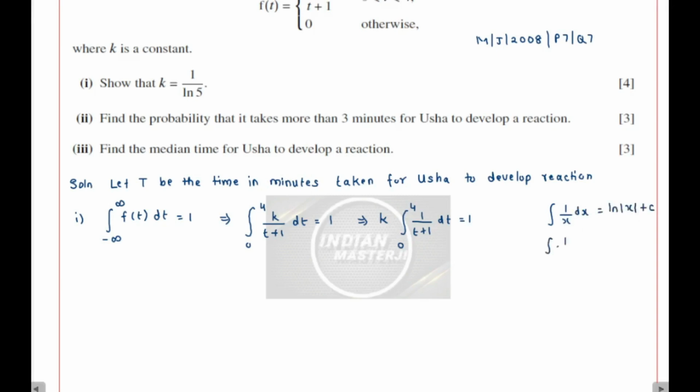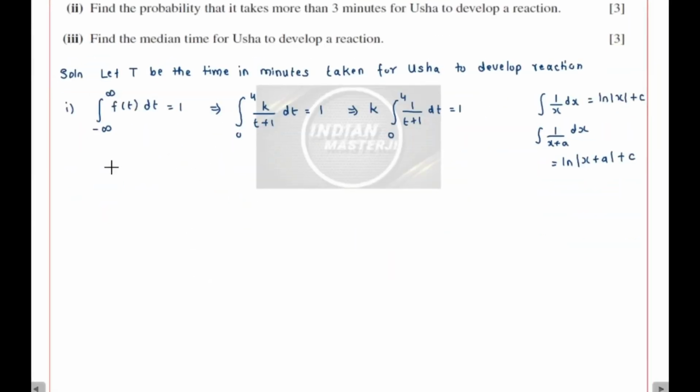Similarly, integration of 1 upon x plus a with respect to x, where a is some constant, is equal to ln of mod of x plus a plus some constant c, correct? So here this integration will be k into ln of mod of t plus 1, and the limits will be from 0 to 4.